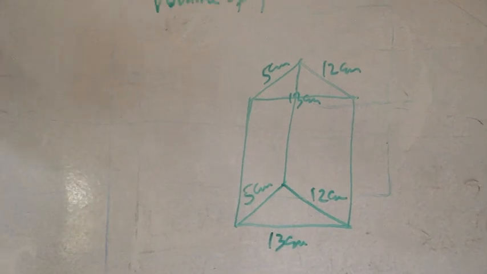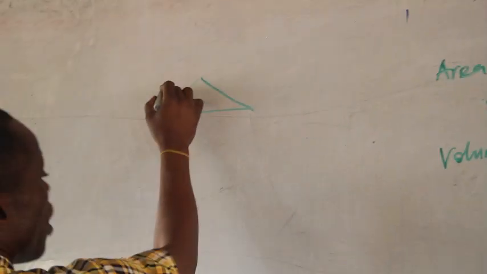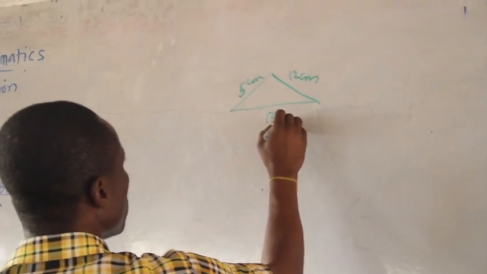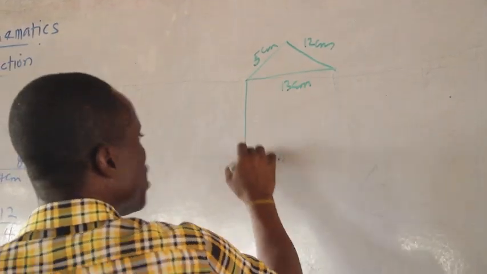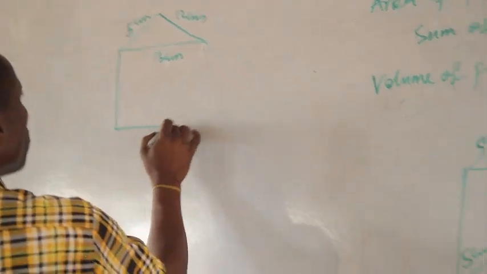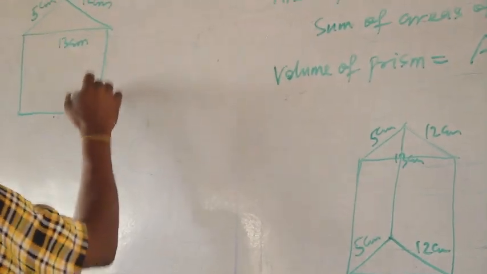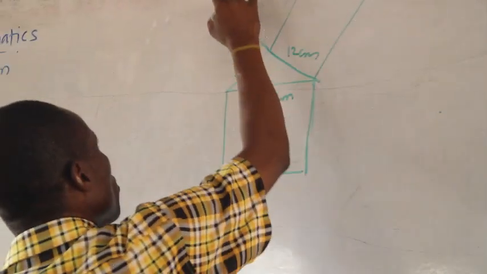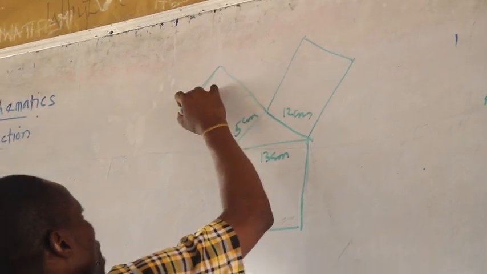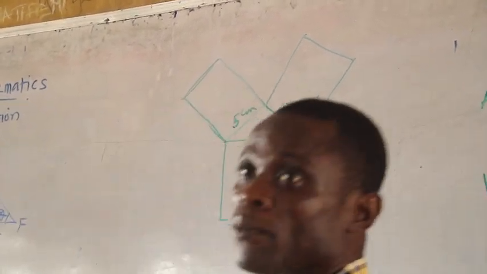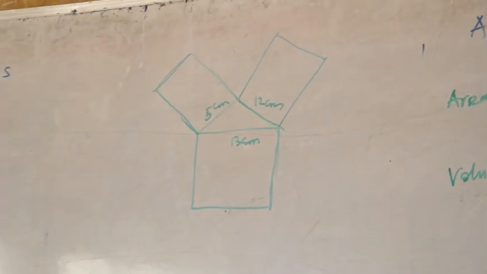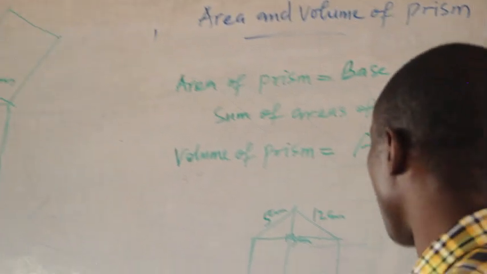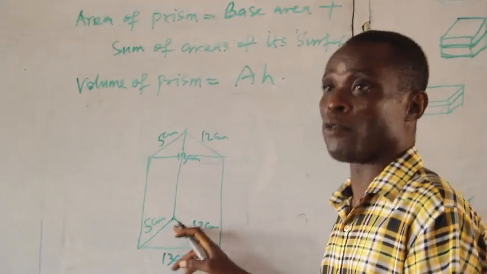This is the triangle with 5 centimeters, 12 centimeters, 13 centimeters. This side here is a rectangle, this is also a rectangle, and this one too is a rectangle. So we have 3 rectangles. When you bring everything together, the top will still form a triangle of equal area to this base.